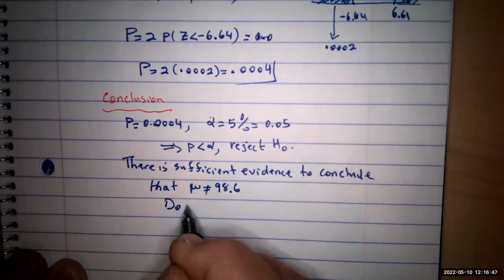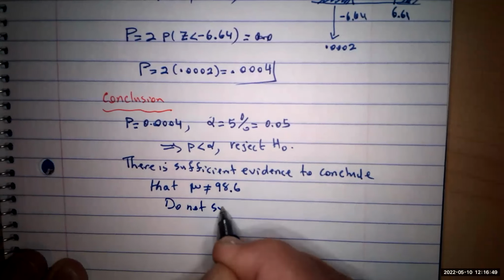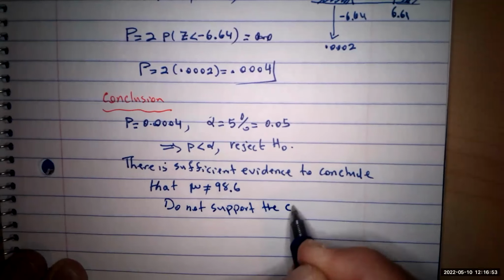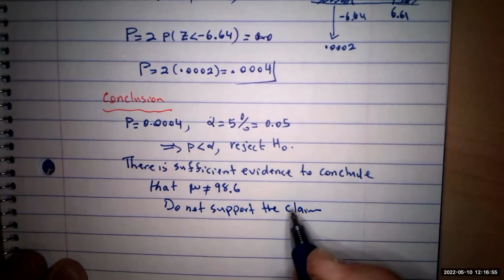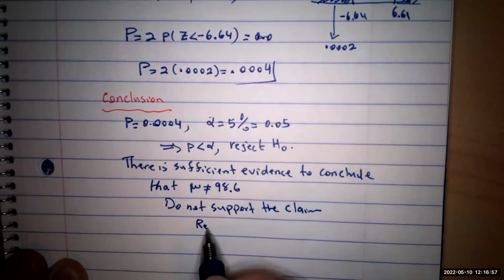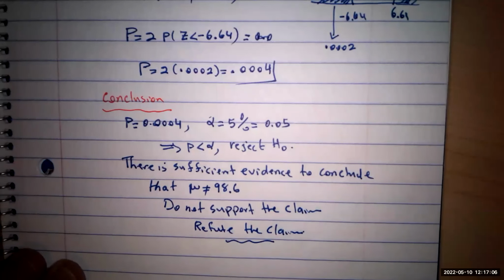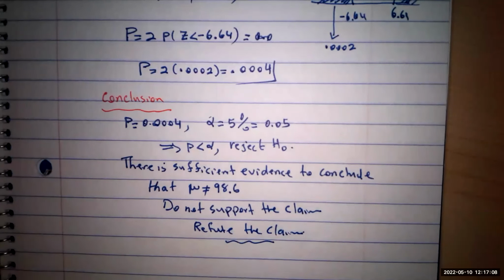Okay, that's it. Do not support the claim. Or sometimes the other expression is refute the claim. So this last one is a little bit tricky. You've got to be careful when you compare it to get your final conclusion. But otherwise, basically it's not a difficult job to get these numbers.